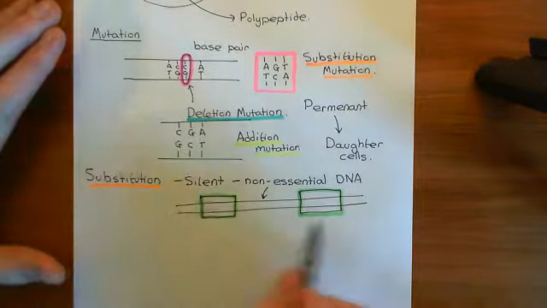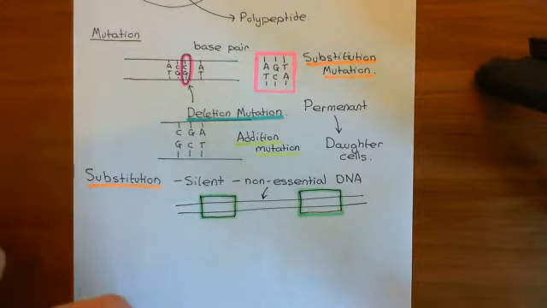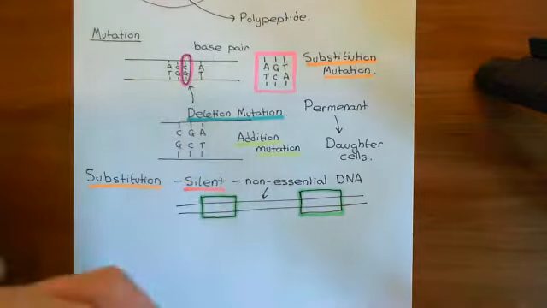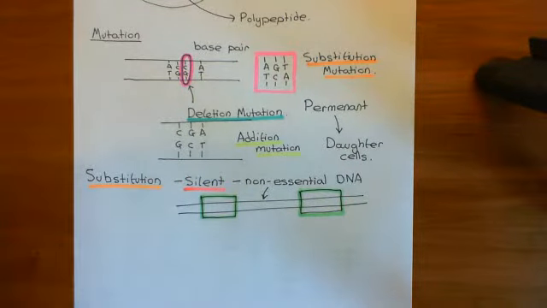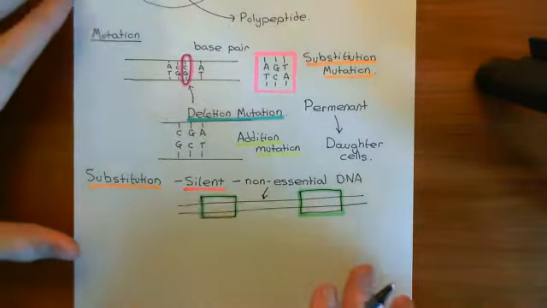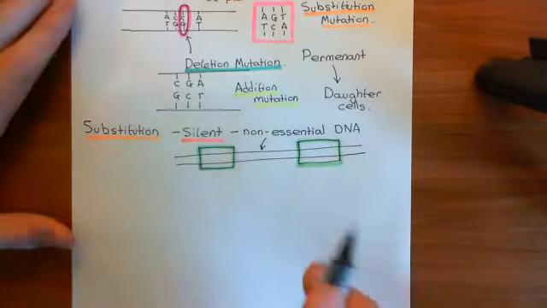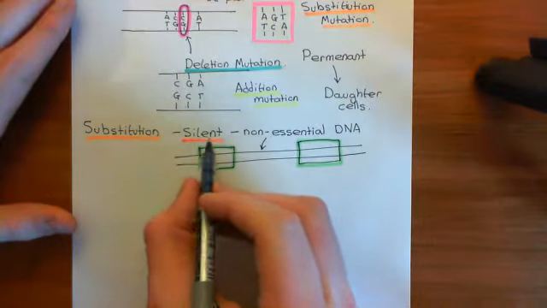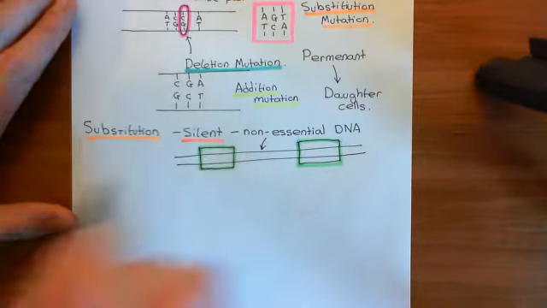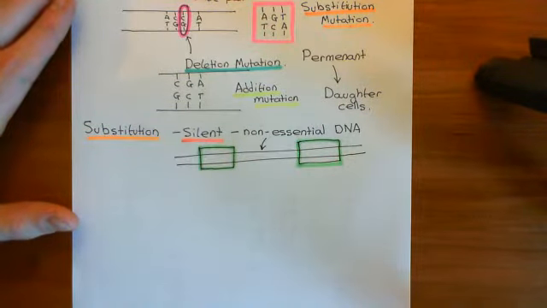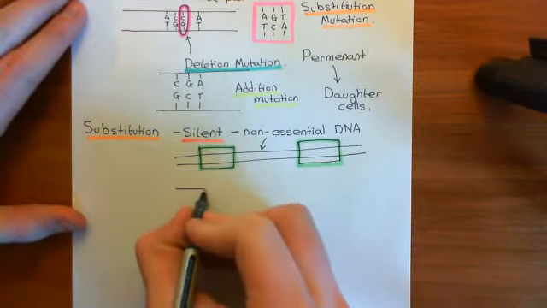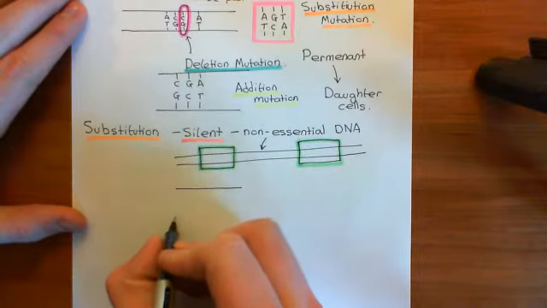Okay, so that's a mechanism by which a substitution mutation can be silent, that it occurs within a piece of non-essential DNA and therefore doesn't really affect the cell's production of proteins at all. However, substitution mutations can also be silent even if they occur in genes, and this is cleverer, this is more subtle. Okay, so how can that be? So let's draw out a piece of our gene here.